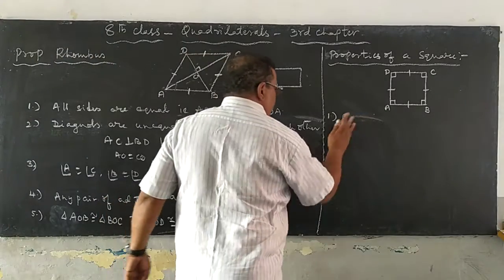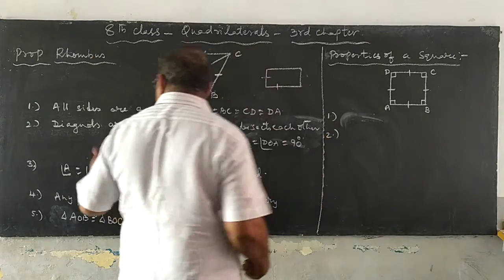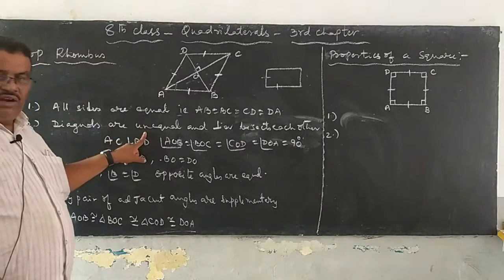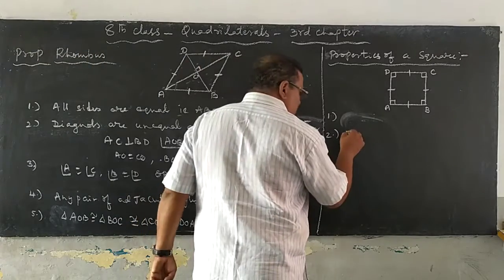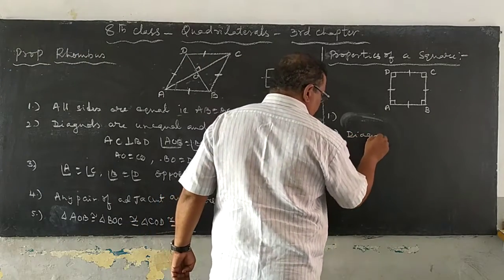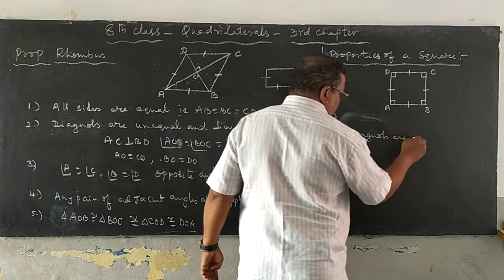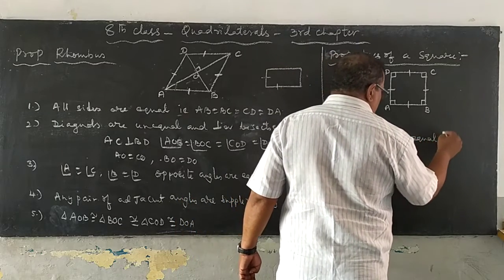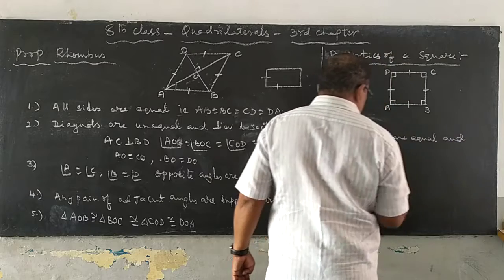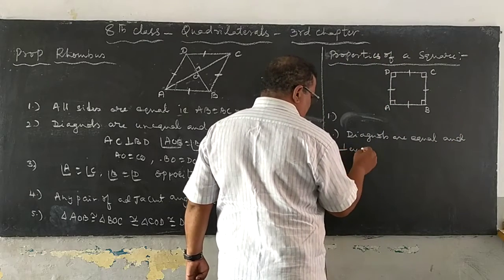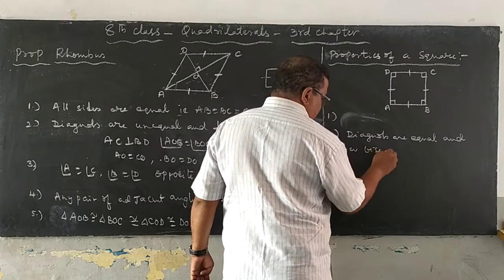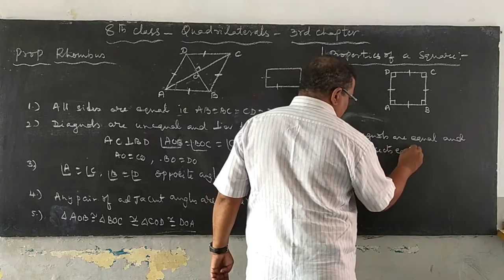Same property. Second one, diagonals are unequal in rhombus, but here diagonals are equal and perpendicular bisect each other.